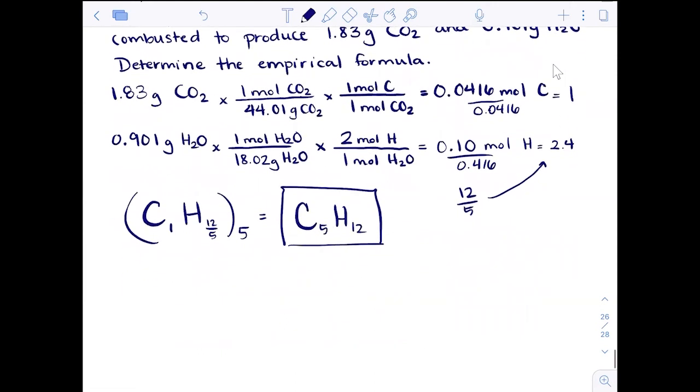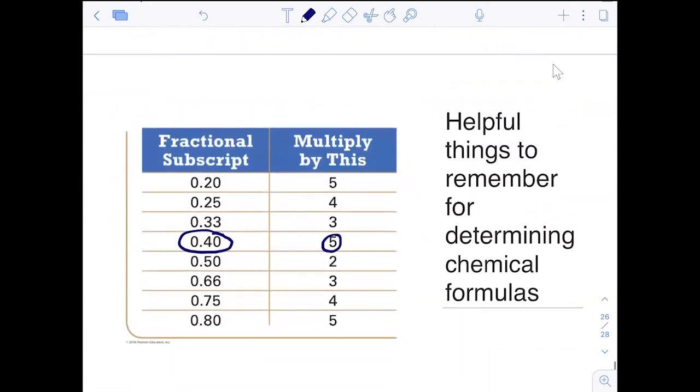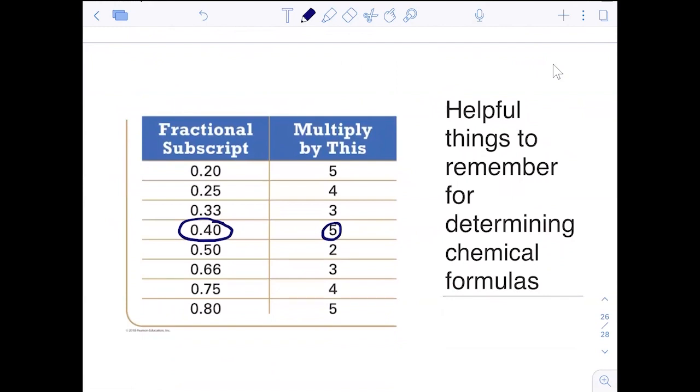This chart is in your textbook. It's very, very helpful so that you can start to recognize the fractional subscripts and know what to multiply by. Why we are multiplying by 5 is because it's a multiple of the fifth. 12 over 5 is 2.4.